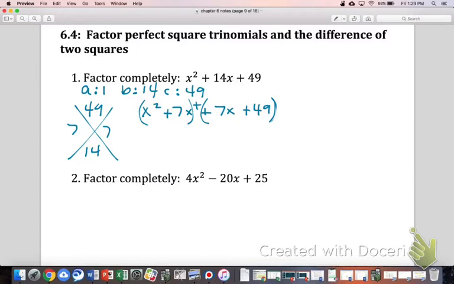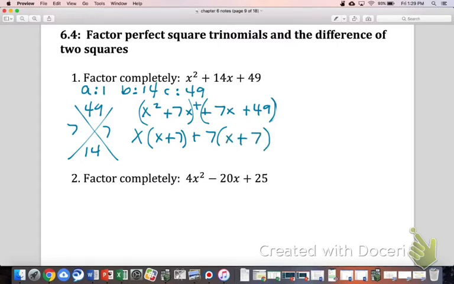So in the first grouping, what's the common factor? X. Thank you, Rosie. And what's left over if I factor out a common X from the first grouping? Plus 7. Perfect. What's the common factor in the second group? 7. Okay, if I factor that out, what's left over? X. X plus... wait, where's the X? Oh, there's a 7X.